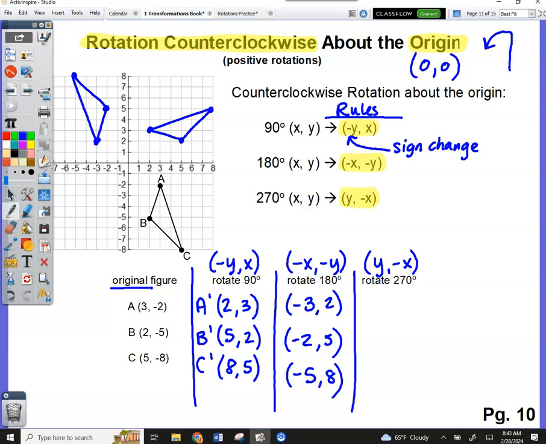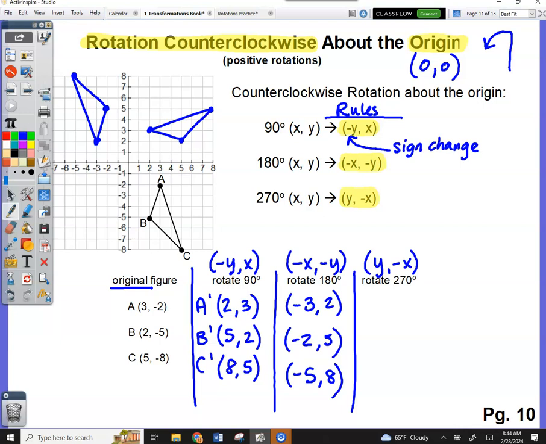And now we're going to rotate 270. Looking at the rule, which one gets the sign change? X, and then we're going to pick it up and shift it behind the Y so that it's Y, comma, negative X. So change the sign of X, imagine picking it up and shifting it behind it so that they'll be swapped.